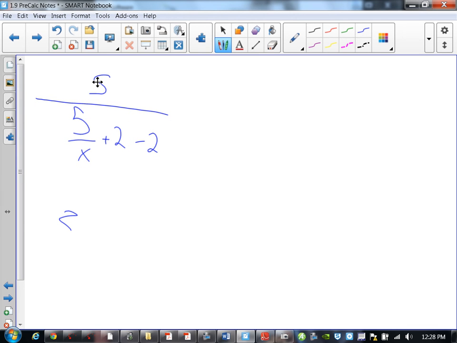There we go. That lower denominator, I don't have to worry about anything because I have 2 minus 2. Okay? So you wind up with 5 over 5 over x.